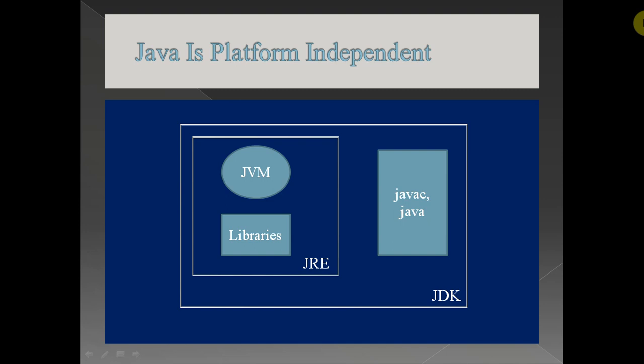Java Virtual Machine acts as an interpreter. That is, it interprets the intermediate language, and intermediate language means the bytecode. So JVM will interpret the bytecode and convert the bytecode into executable code.